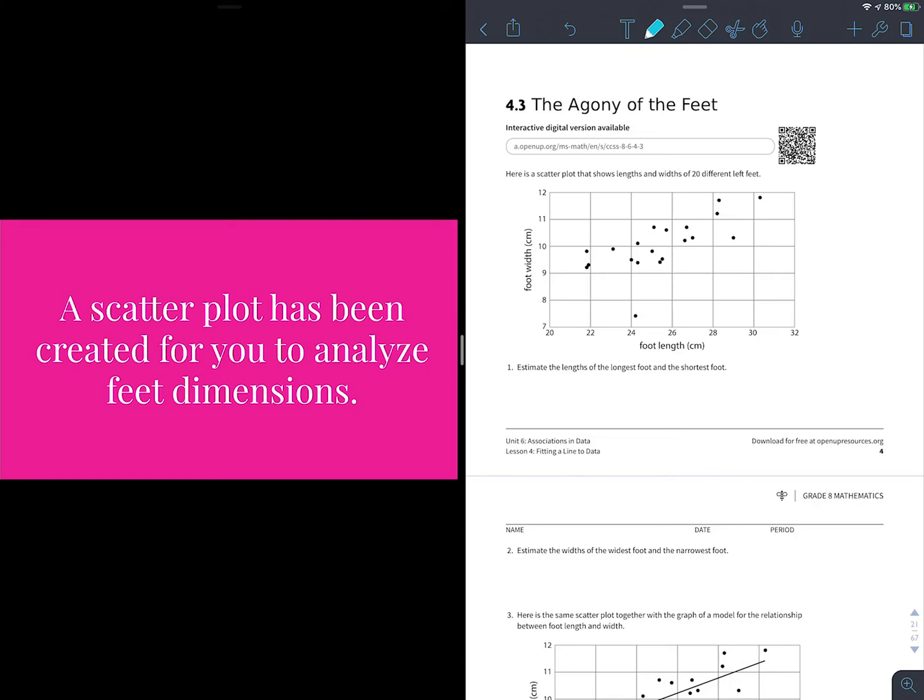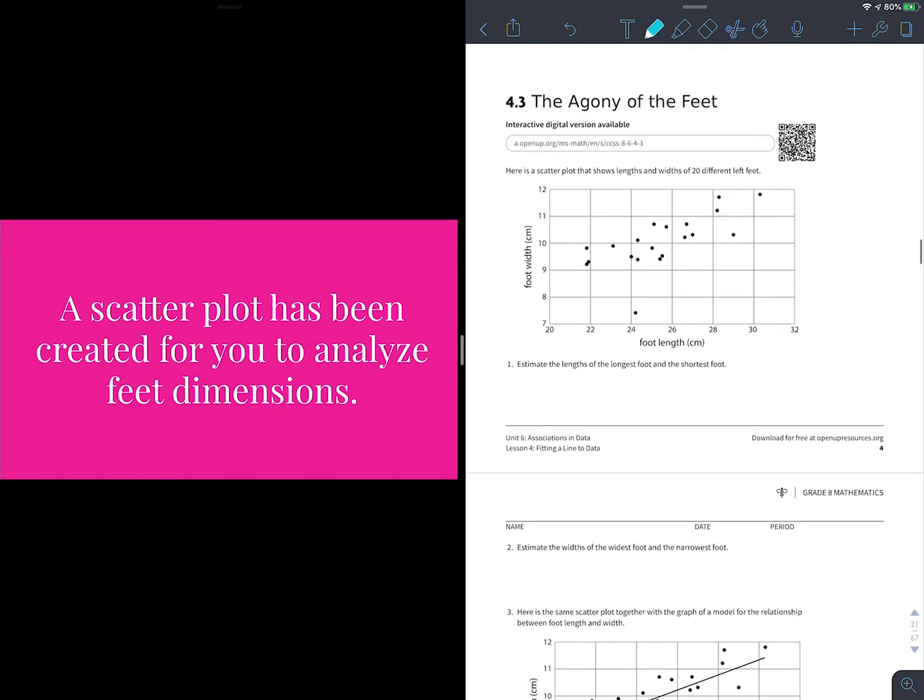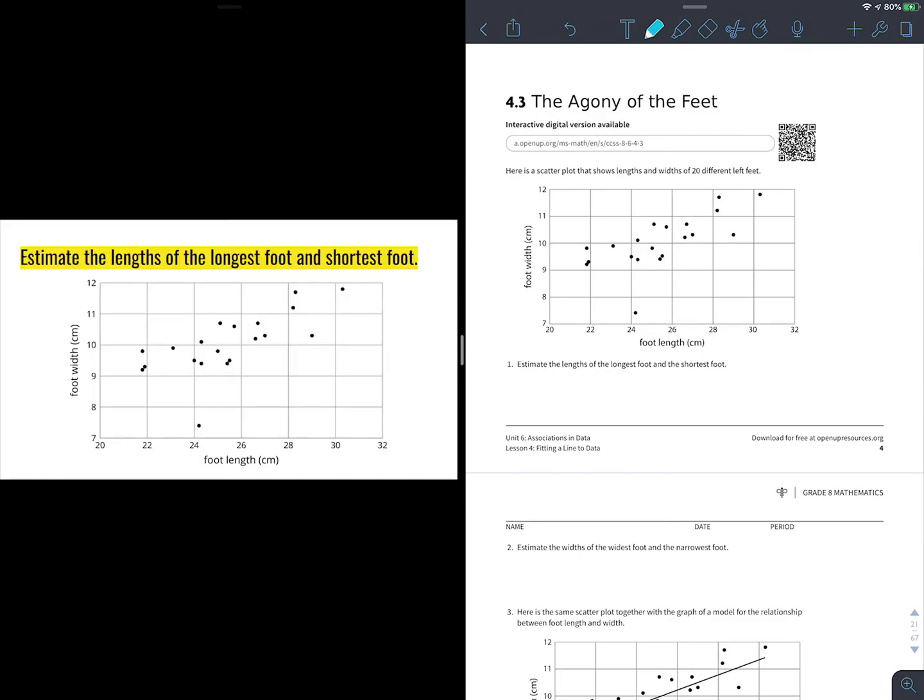So a scatter plot has been created for you to analyze these feet dimensions. Estimate the lengths of the longest foot and the shortest foot to just start with. So in thinking about an estimate, when I'm looking at the lengths of the feet that we're talking about, my longest foot is obviously going to be the one with the biggest value, which I see is here.